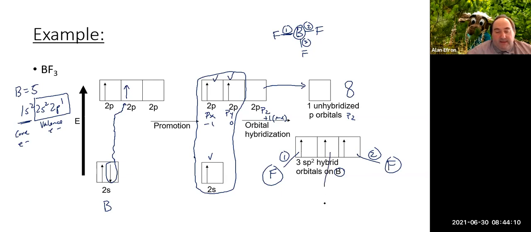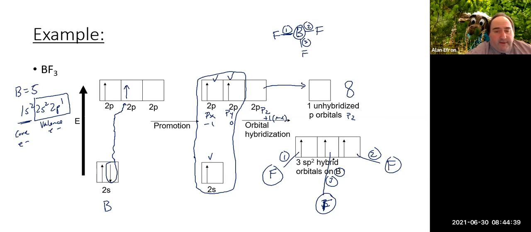This allows boron to end up with three hybrid orbitals, which each have one electron that it can then share in a bond with fluorine through overlapping between a fluorine orbital and the boron hybrid orbital.